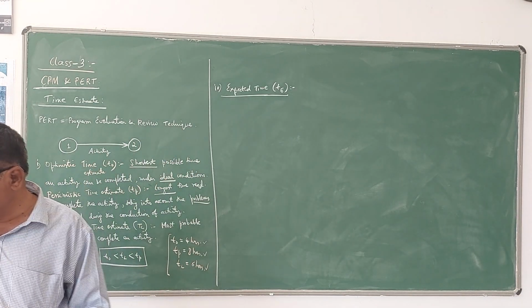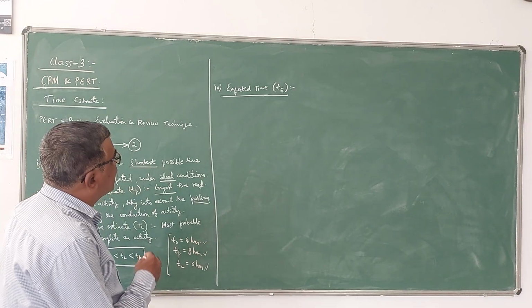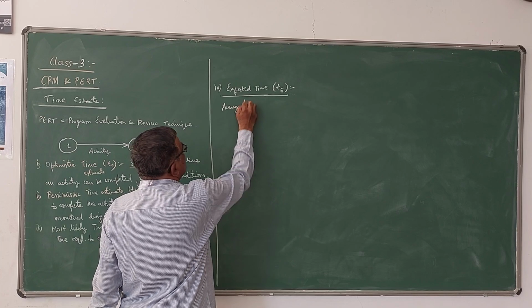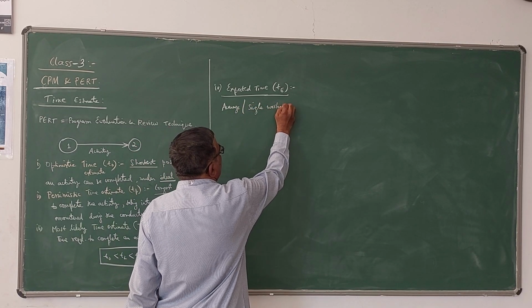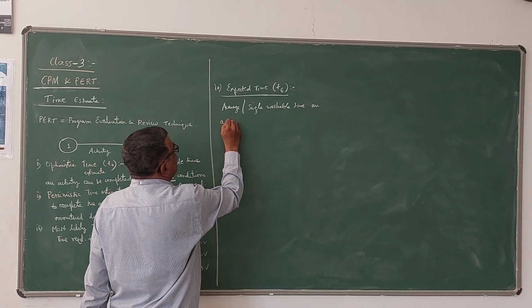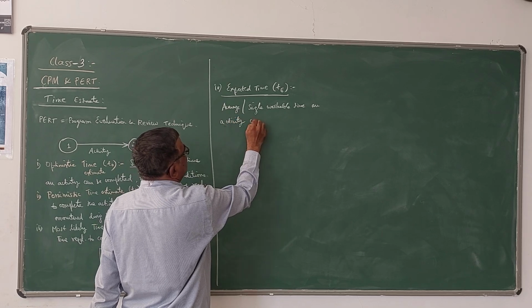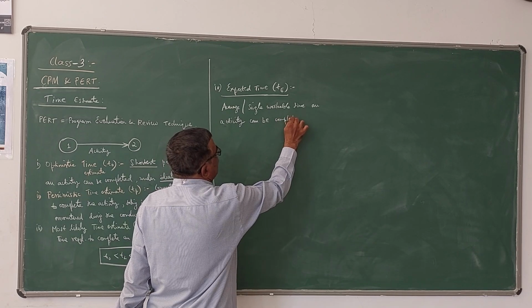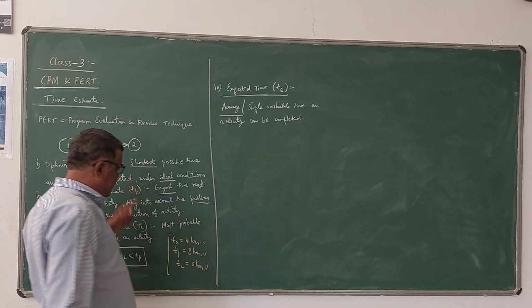Actually, this is the average or single workable time in which an activity can be completed. So this TE is an average value of these three.